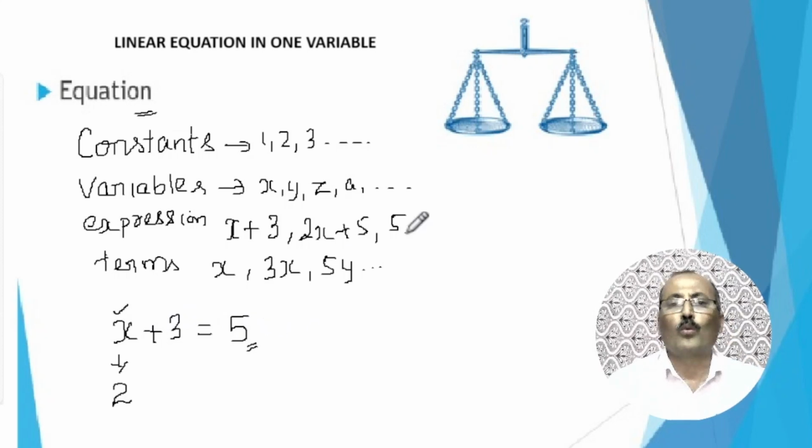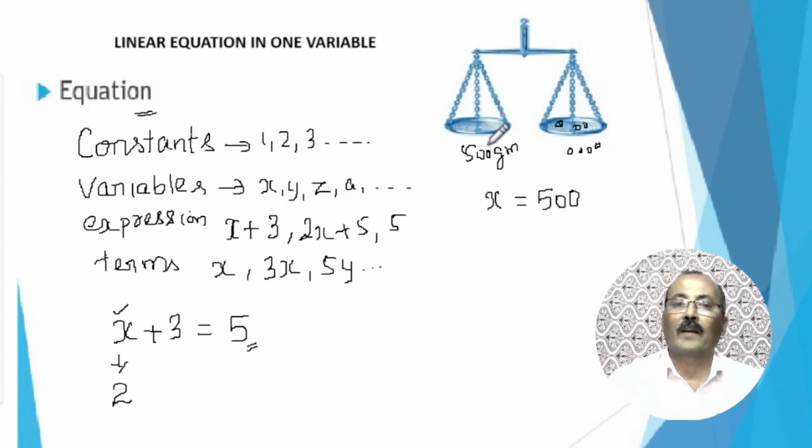Now you know why I kept the picture here. When both are said to be equal, we weigh in this balance. Suppose we keep some tomato or onion in it and put 500 gram here, and both are coming equal, then you can say that x is equal to 500.